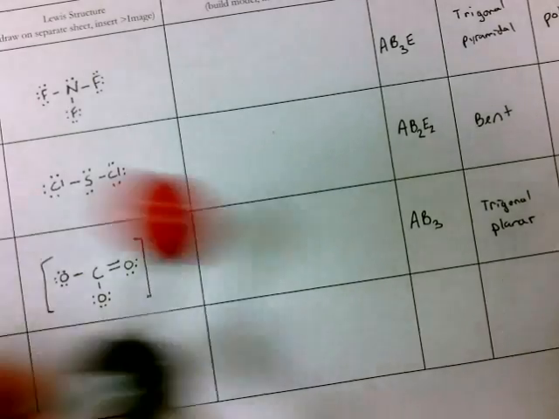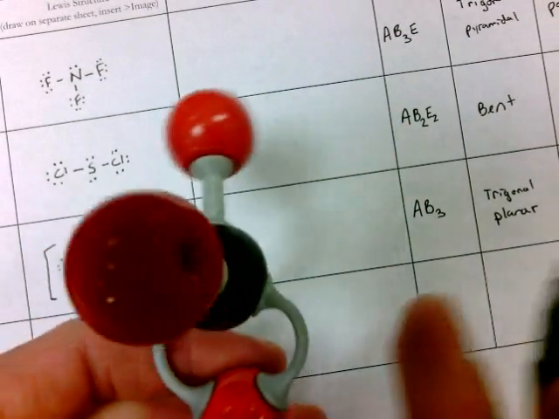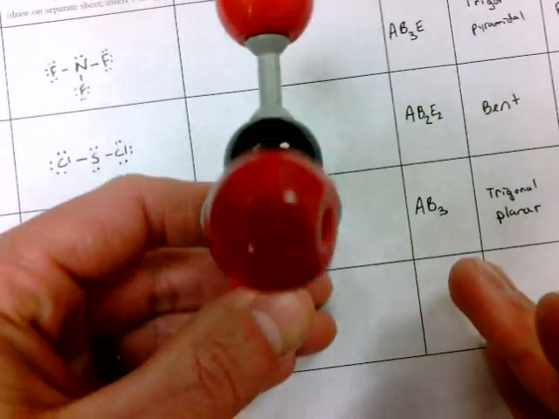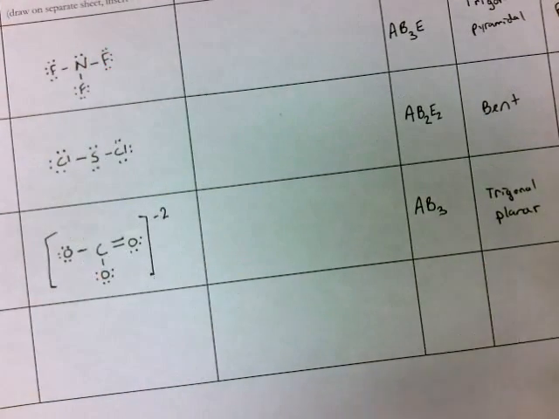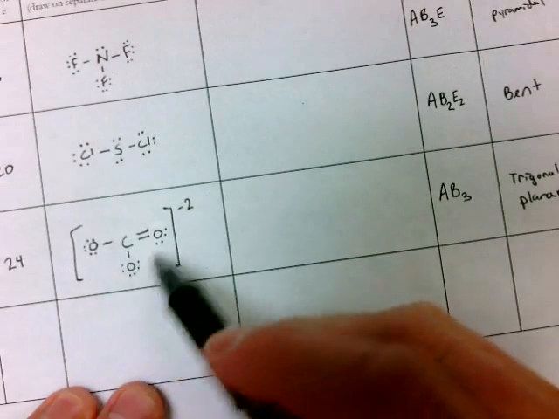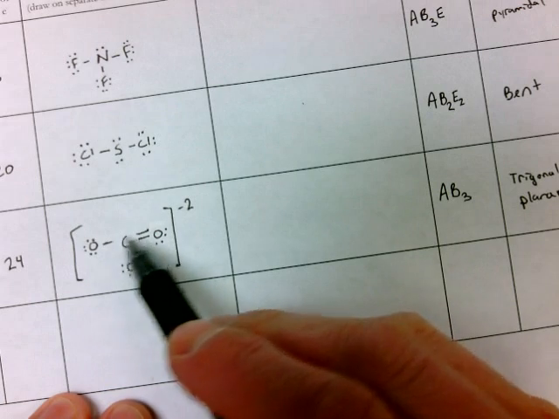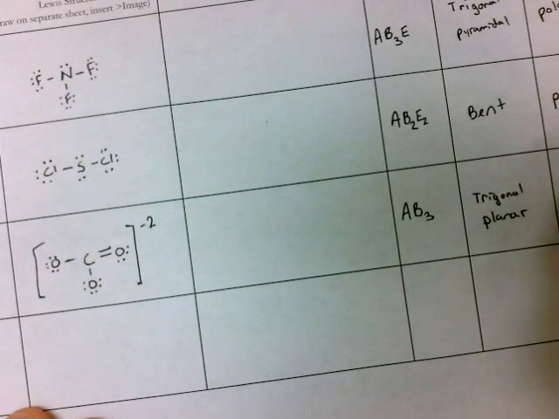And try, 1, 2, 3, it's all on the same plane. All of these reds are all on the same plane. They're flat. This central atom is completely surrounded by oxygen. There's only oxygen, which means that this will be a nonpolar substance.